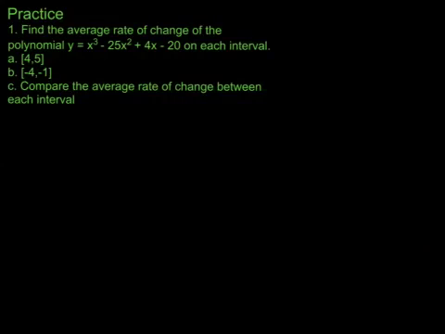All right, so hopefully in your mind you're envisioning this sort of situation here. We have the points 4 and 5, and we also have x values of negative 4 and negative 1. Now I don't know exactly what this function looks like, because I'd have to graph it out, and I could do that.